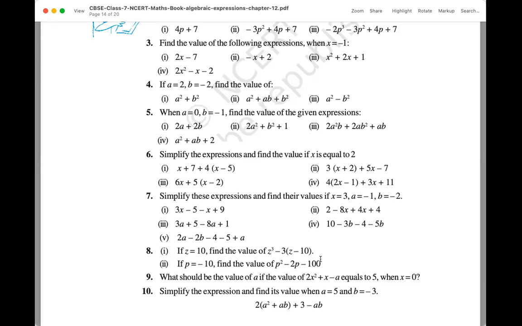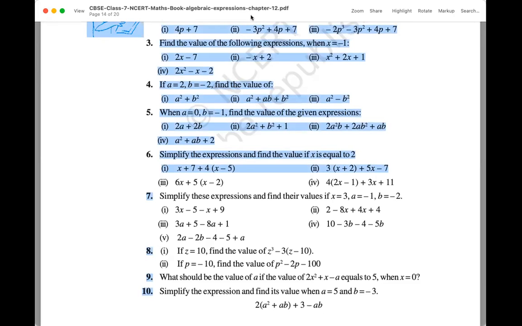So I was at question number 8, telling you how to understand which are like terms and which are not. What I got, the answer was z cube minus 3 bracketed z minus 10.